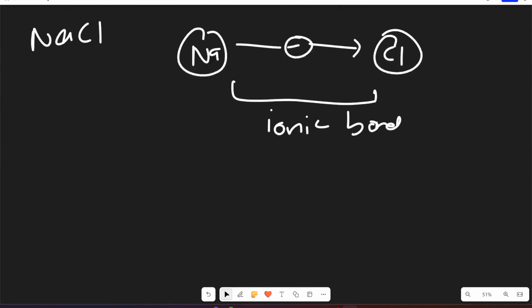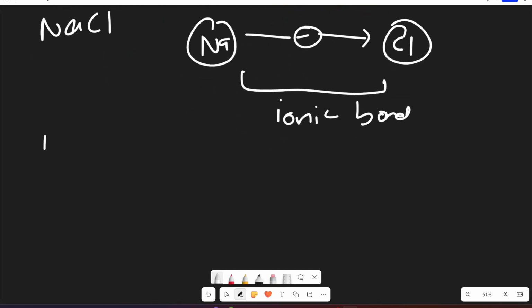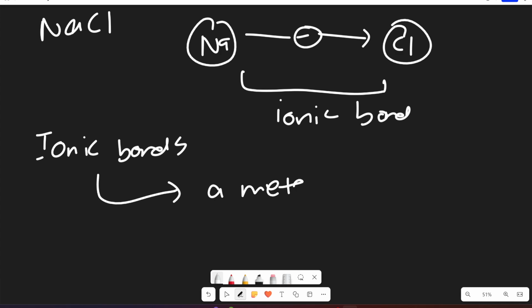And just something to note is that ionic bonds are formed between a metal and a nonmetal.